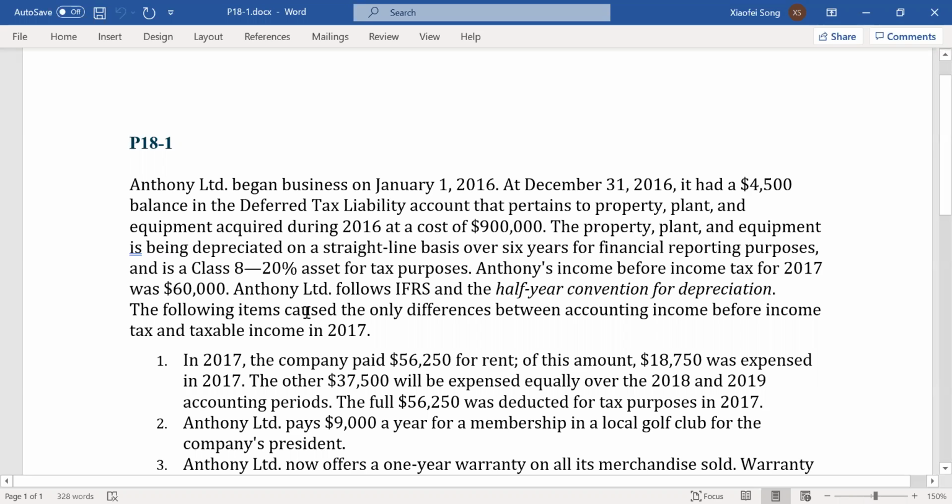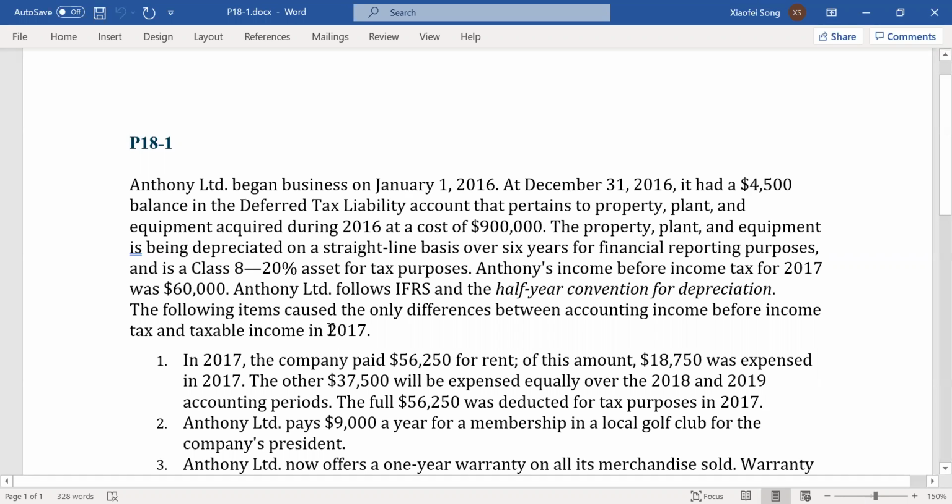The following items caused the only differences between accounting income before income tax and taxable income in 2017. So the year in question is 2017. A big part of this chapter tells us where we start to solve the accounting problem, the beginning of 2017, right?